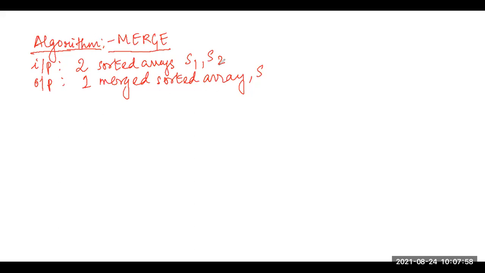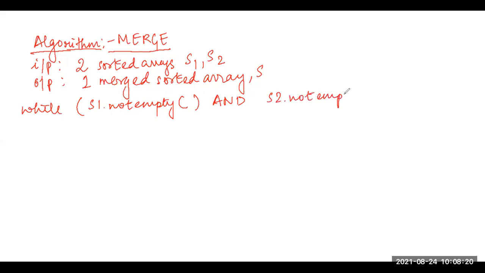So if the two lists have elements, so both of them are not empty, while S1 not empty and S2 not empty, what can I do?